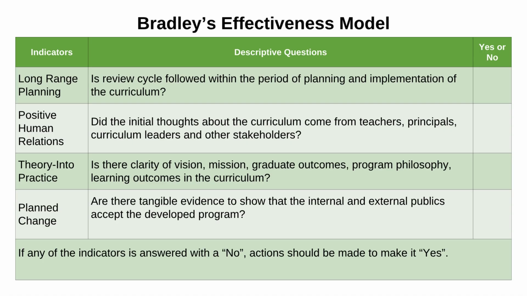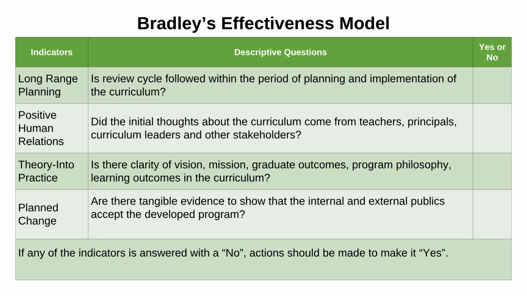6. Positive human relations. Question: did the development of the curriculum include input from teachers, principals, curriculum leaders, and other stakeholders? Example evaluation: curriculum development should be a collaborative process that reflects the needs and perspectives of those who will implement and experience it. How to evaluate?